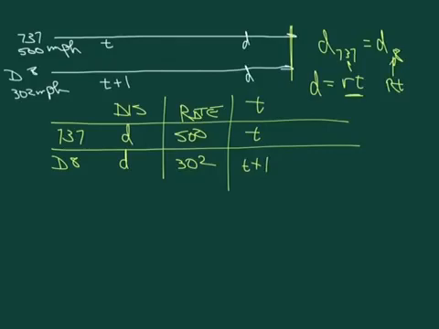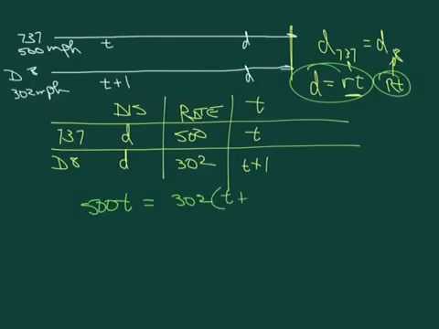All right, so again, I said that the distances are the same. So what is the RT of the 737? 500t. What is the RT of the Dash 8? 302 times t plus 1.